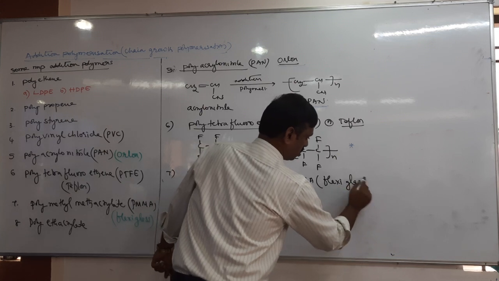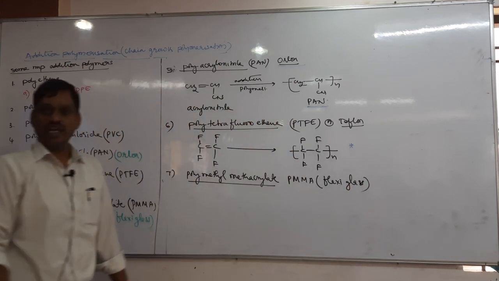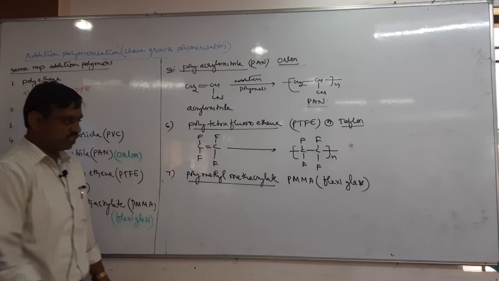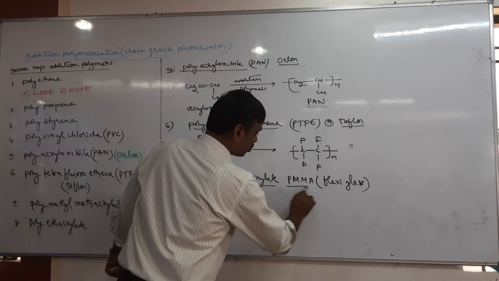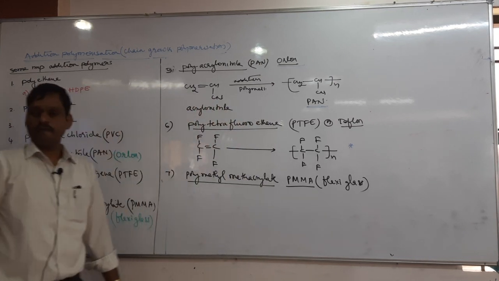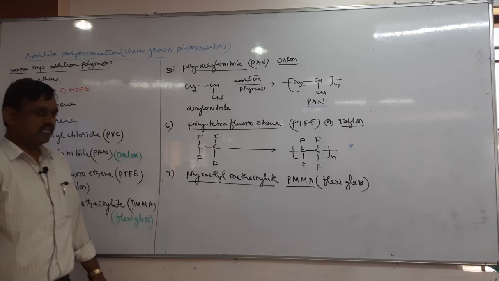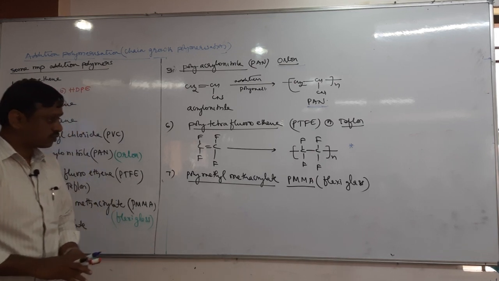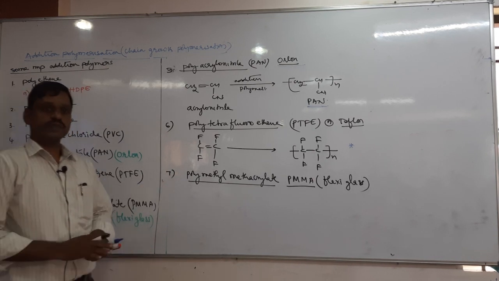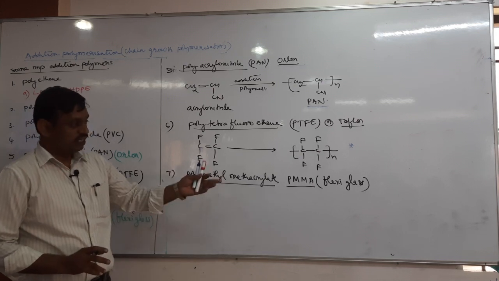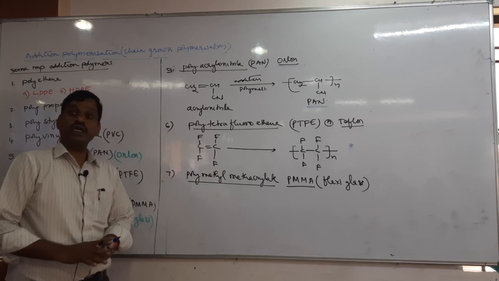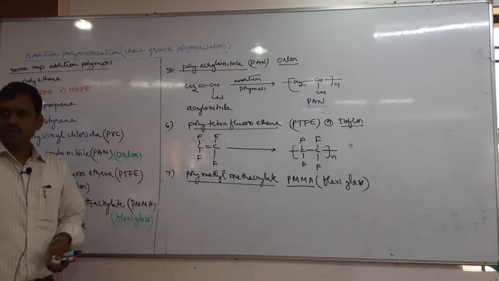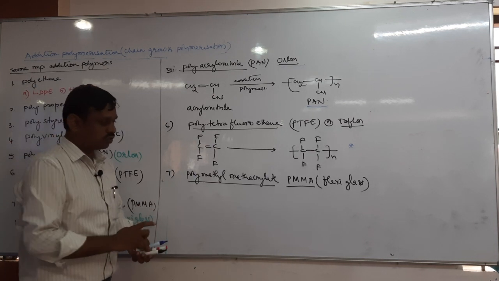The question was: which of the following is a flexiglass? The PMMA option was given in short form. Do you know where it is used? Flexiglass is used in decorative material.